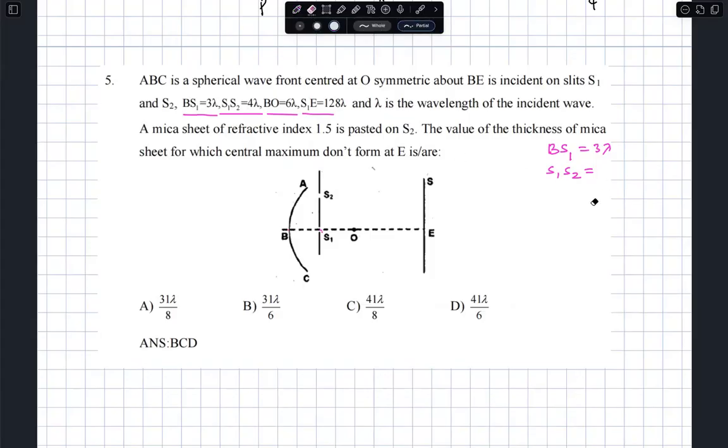Good, very good question. A mica sheet of refractive index 1.52 is pasted on S2. That will introduce some path difference. The sheet is such that the central maximum does not form at E. Hold on. So what you are expected to work on here is a very simple thing.